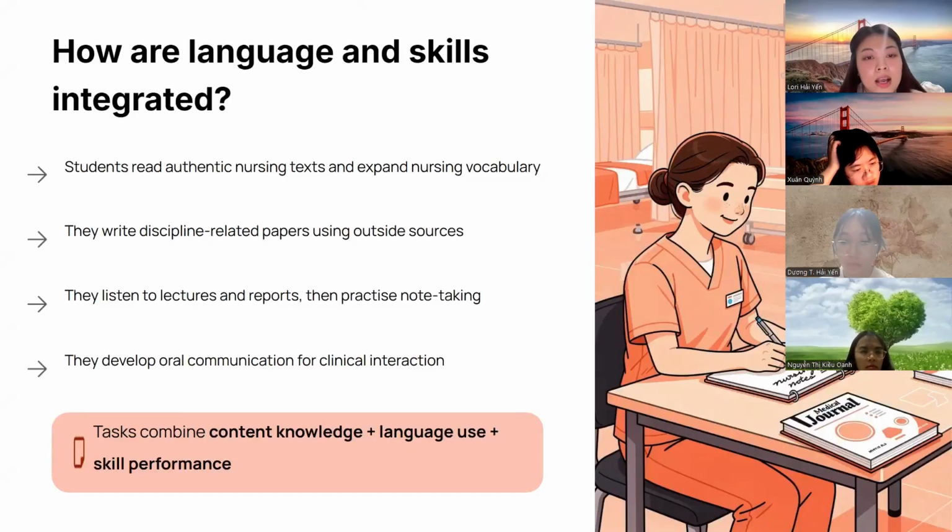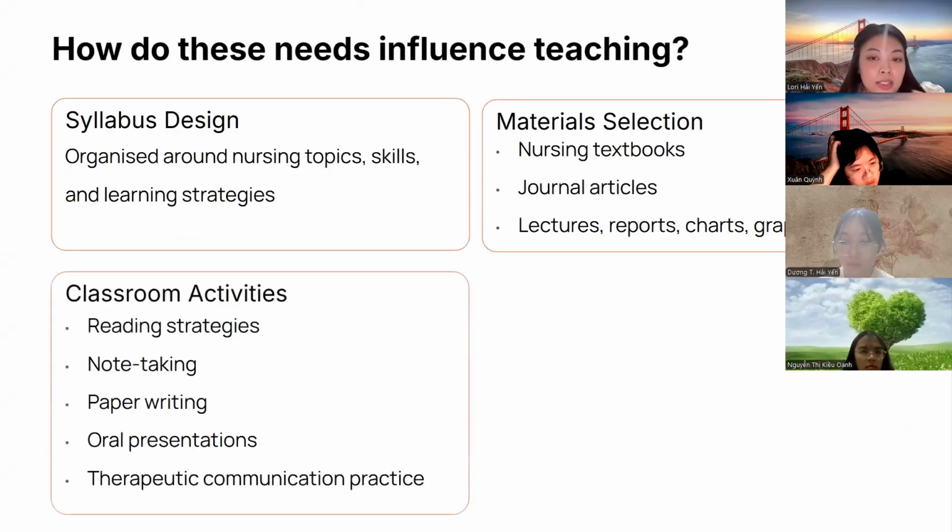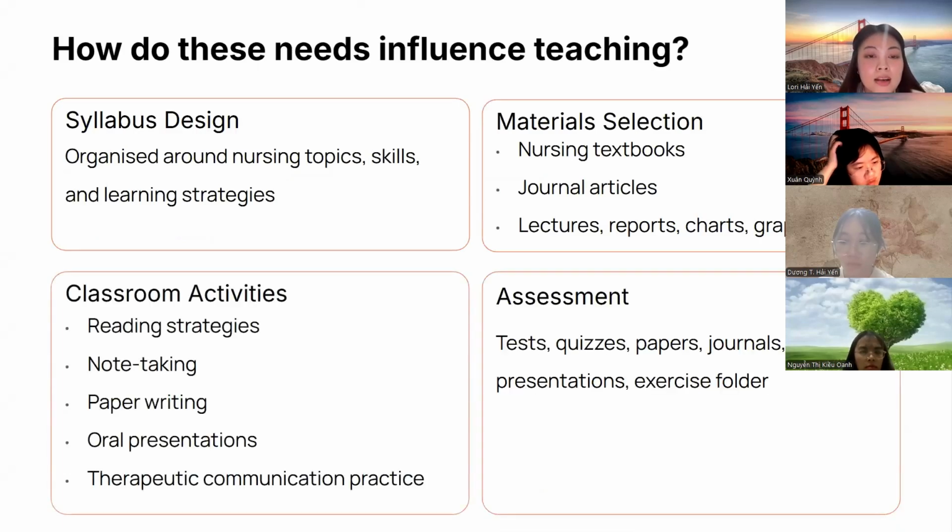And next, how do these needs influence teaching? Because the learners' needs are so specific, they directly influence teaching in several ways. First, in syllabus design. The course is organized around nursing topics, skills, and learning strategies. Second, in materials selection. The course uses nursing textbooks, journal articles, lectures, reports, charts, and also graphs.